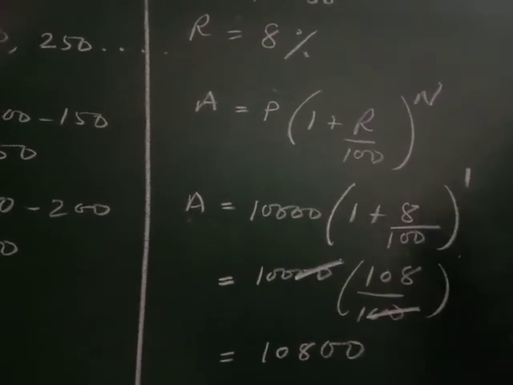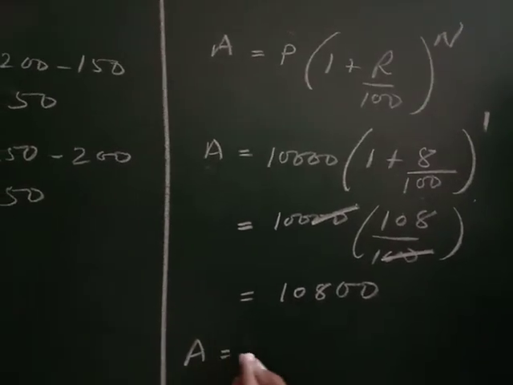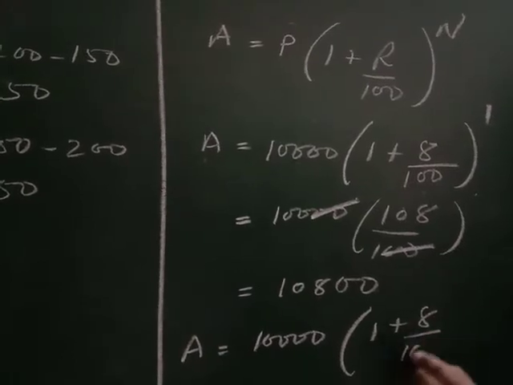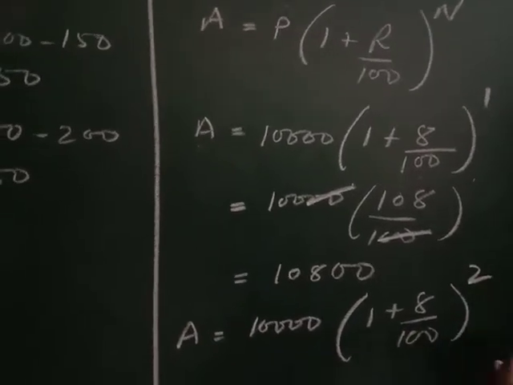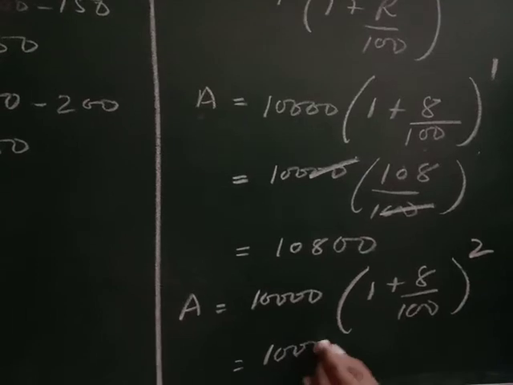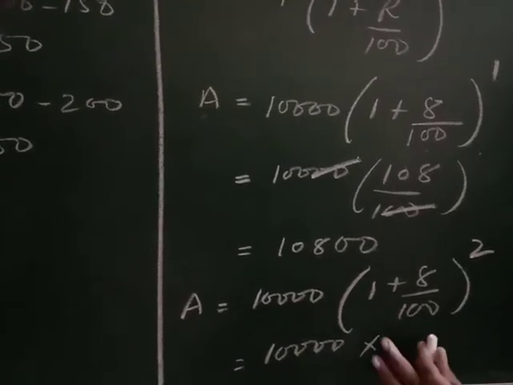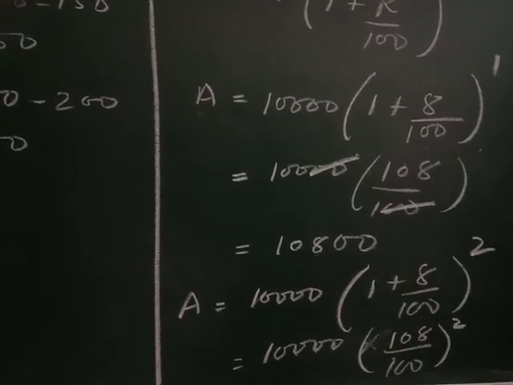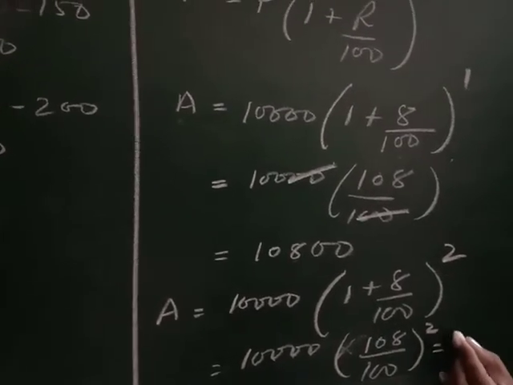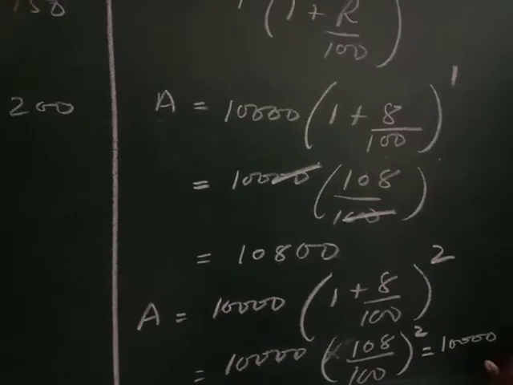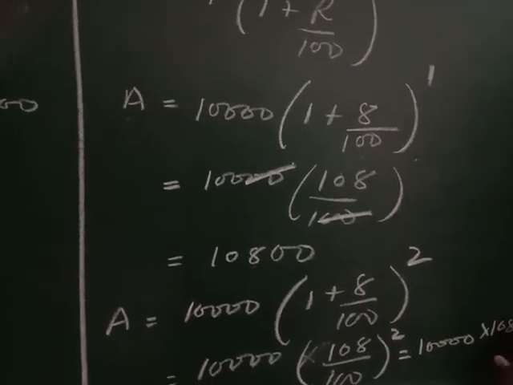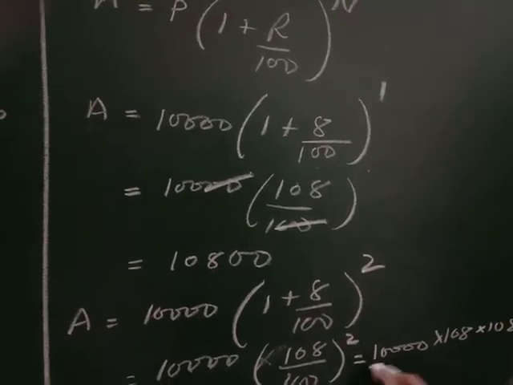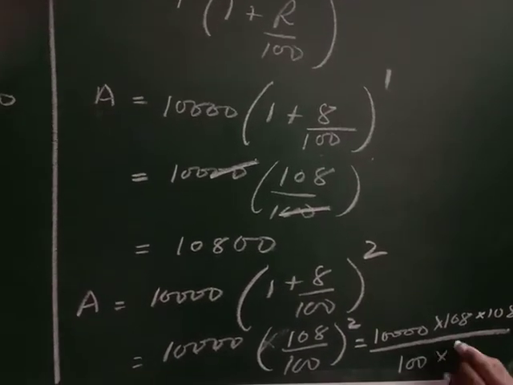Similarly, I will find the amount for the second year. Here I will put 2. So I will get A is equal to 10,000 into 1 plus 8 by 100 raised to 2. So 10,000 into 108 upon 100 raised to 2. So it will become 10,000 into 108 into 108 divided by 100 into 100.